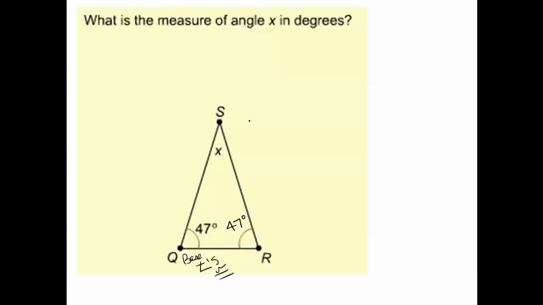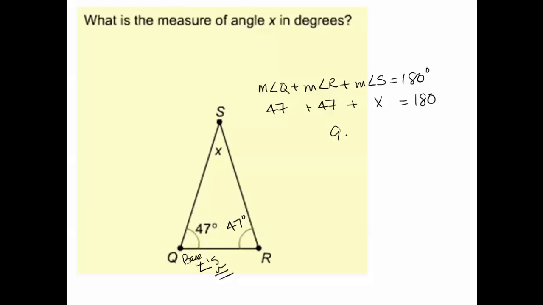You've got your triangle sum theorem that says the measure of angle Q plus the measure of angle R plus the measure of angle S equals 180 degrees. So I get 47 plus 47, putting an x in there for S. 47 and 47, I believe that comes out to be 94.